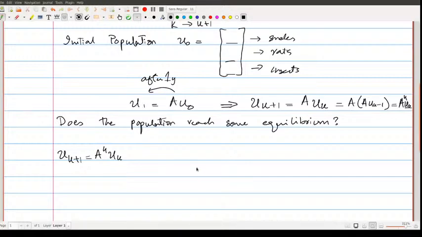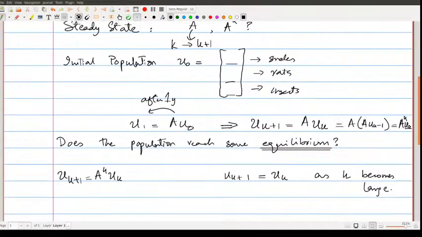Okay, so now the idea is, does it reach some equilibrium, right? Which means that does it happen at some point that this A to the k stabilizes, or that this matrix has no effect on this population, right? And so really the question is, in other words, we can say u k plus 1 is the same as u k as k becomes large, right?